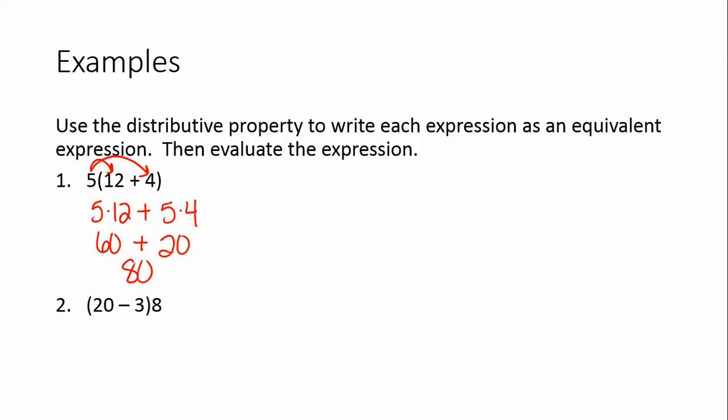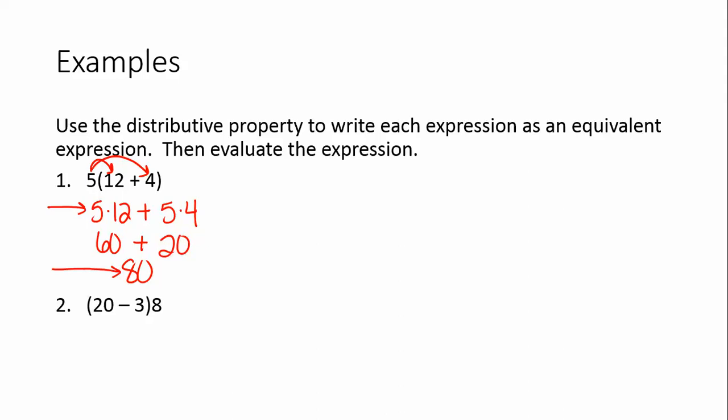So the equivalent expression is this, 5 times 12 plus 5 times 4. We are evaluating it then by doing our multiplication first and then our addition. So I'm checking two steps. I'm checking for this step and I'm checking for this step.